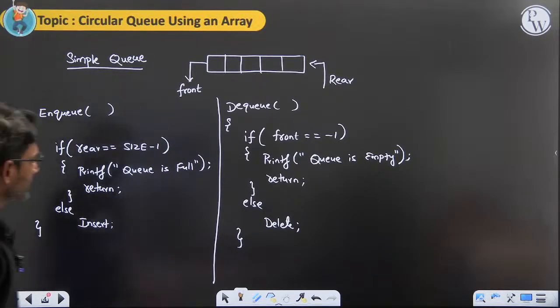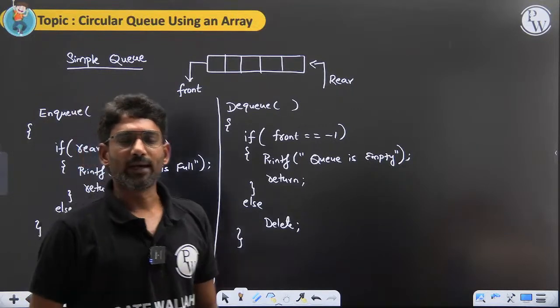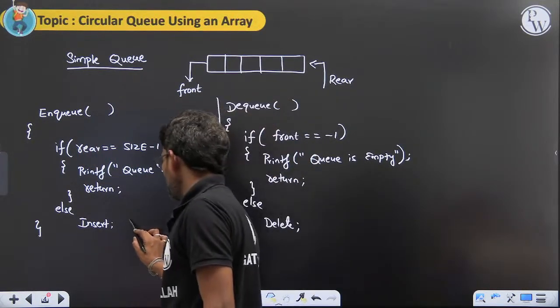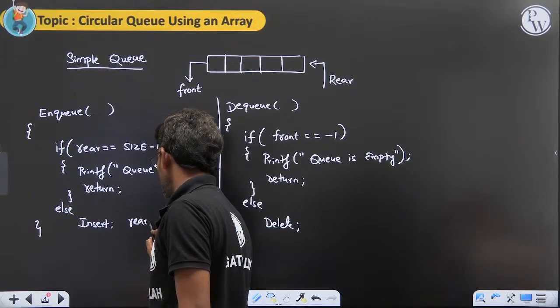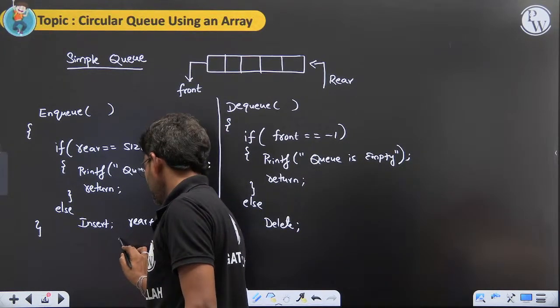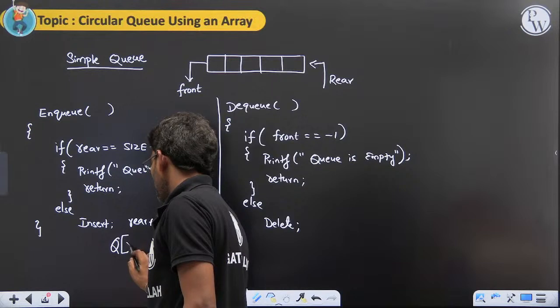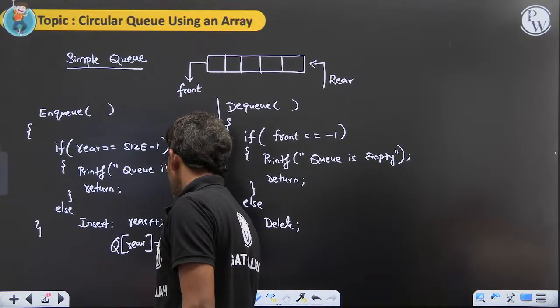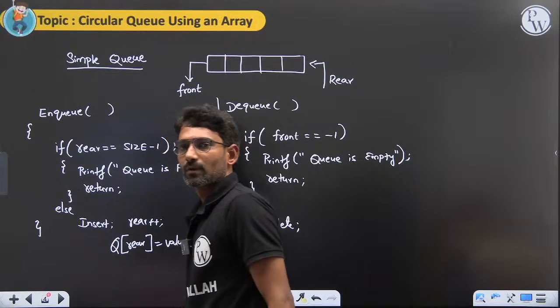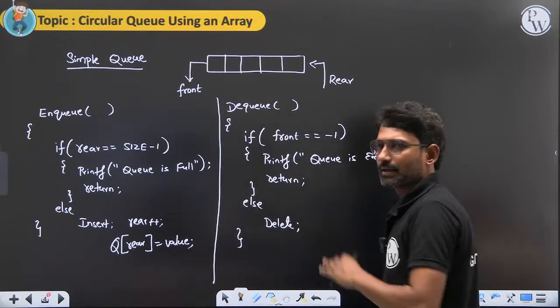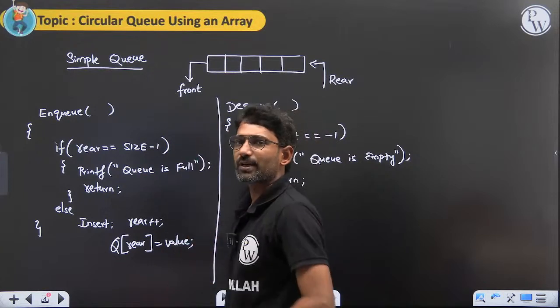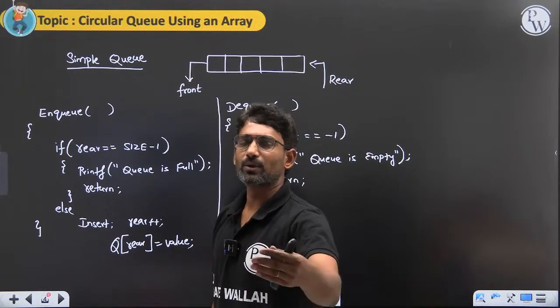See, while the enqueue operation, first we increment the rear and then we insert the value. First we increment, then we insert. And before the increment, we check whether the queue is full or not.